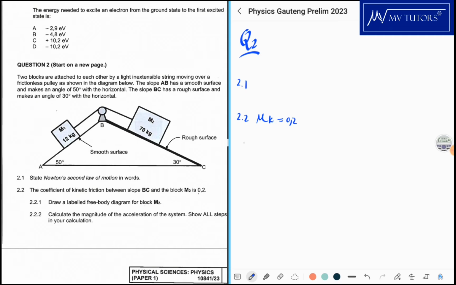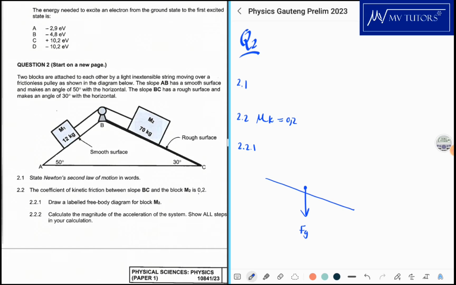Now 2.2.1 says draw a labeled free body diagram of block M2. Block M2 is on this slope. So we always start with what we know. Going downwards, it's the weight, or you could say Fg, which is equal to M times G.